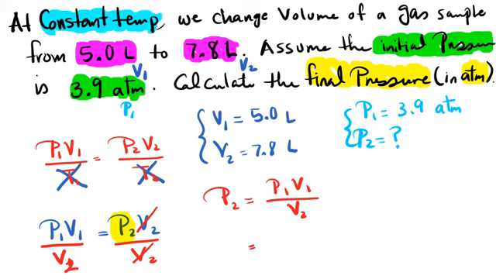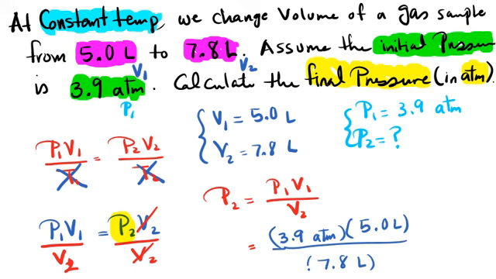Now let's solve our problem. P1 is 3.9 atmosphere times V1 5.0 liter divided by 7.8 liter. So I'm going to cancel out the units. I wanted to show you how to solve your problems if you plug in the units.